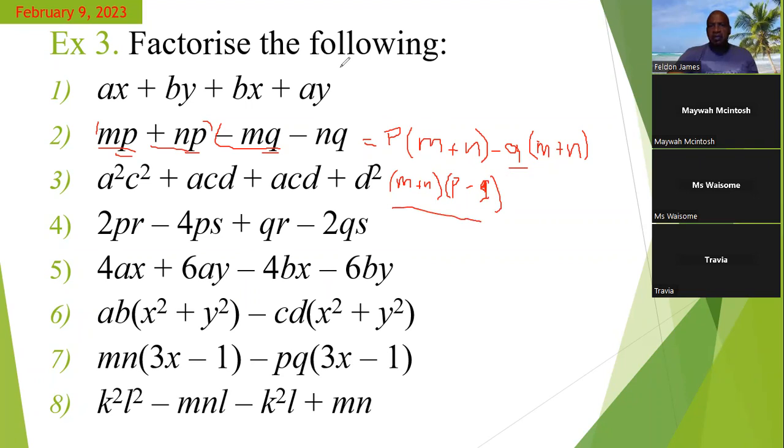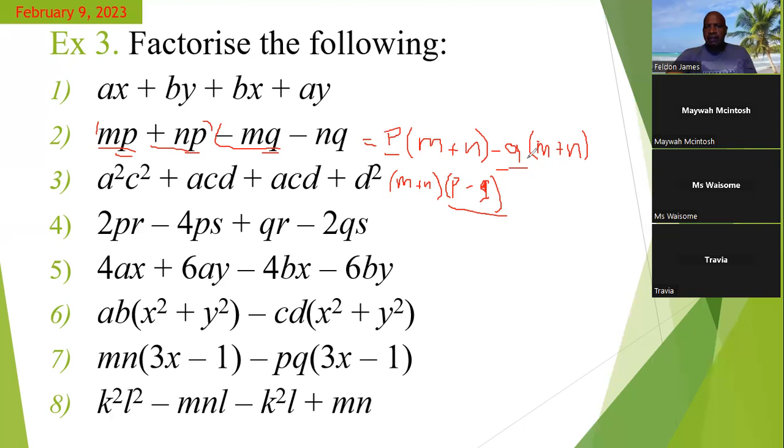All right, now, sometimes once you identify the two brackets, you will notice that the common bracket would be m plus n. But what you notice here is that for the second bracket, what was really outside, we put back in the second bracket.